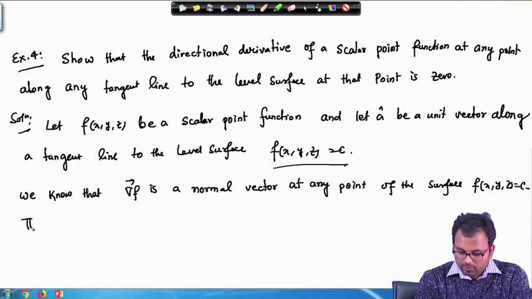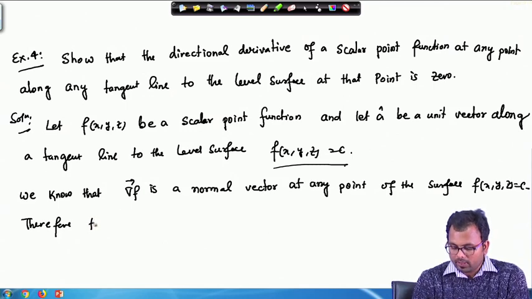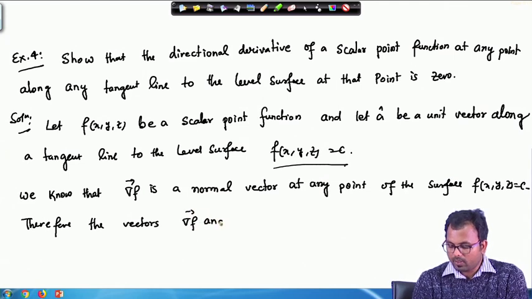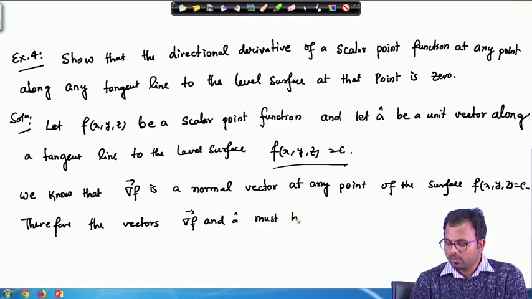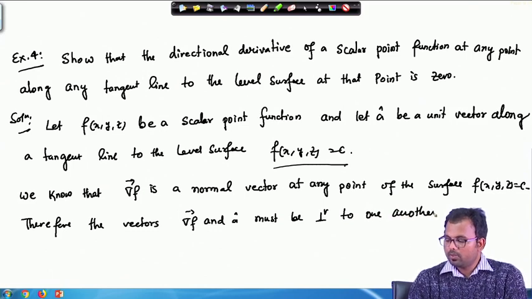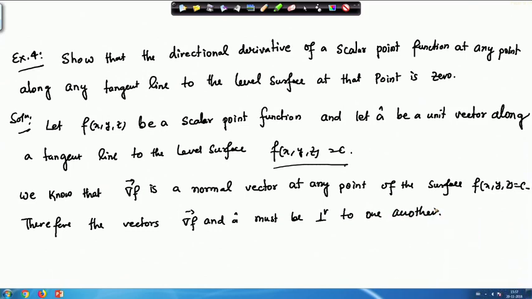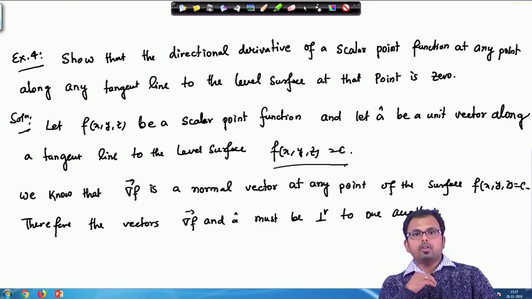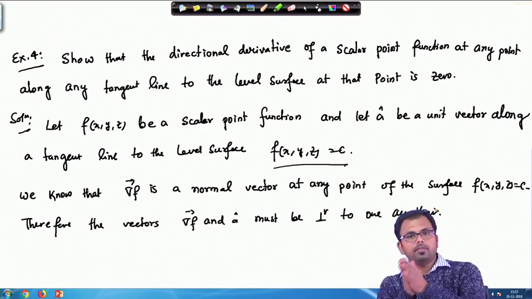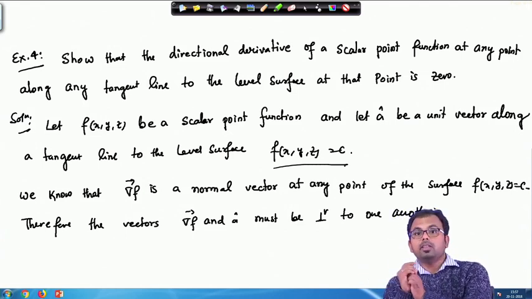Therefore, the vectors gradient of f and a cap must be perpendicular to one another. This is very simple. a cap is the unit vector along the direction of the tangent line, so we have a vector along the tangent line and the gradient of f.